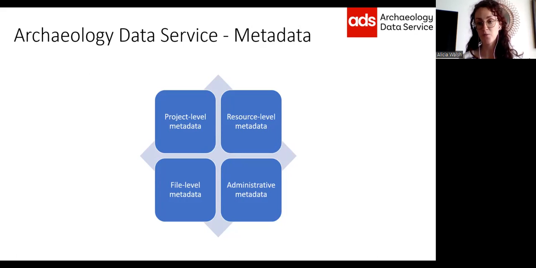File level is where you can get quite specific about individual files. And in the next slide, I'll cover what this can look like for a 3D model. And administrative metadata covers elements such as the creator and any alterations that were made to the data, and includes information about intellectual property rights and ownership of the data.